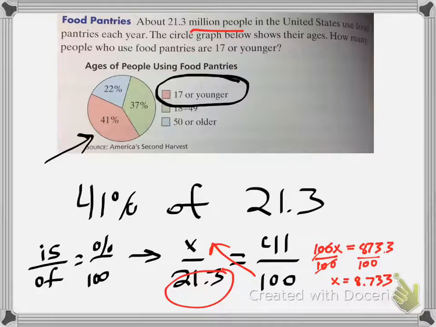Now, if I wanted to know how many were 17 or younger and 18 through 49, I would add these two percents up right here. So I would get 78% of 21.3 million, and I would do it the same way. So that's how you work a circle graph problem.